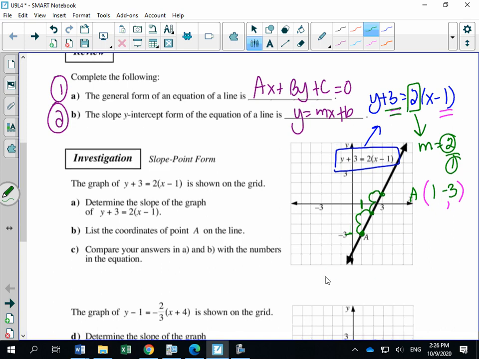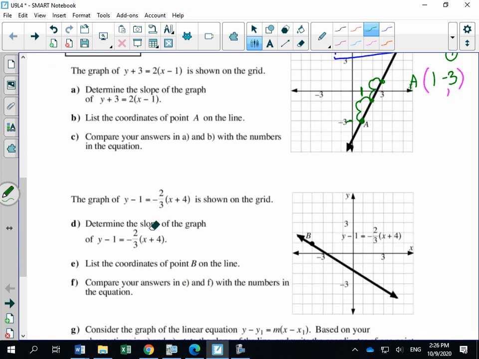Okay, so going to this equation here, if I said what's the slope and what's the point, always start with your slope because that's nice and easy. -2/3 means that the slope is going to go down 2 and to the right 3. The point, remember, it's always x comma y. So that's going to be my x coordinate, but it's not going to be 4. The point is going to be at -4, and my y coordinate is going to be at 1.